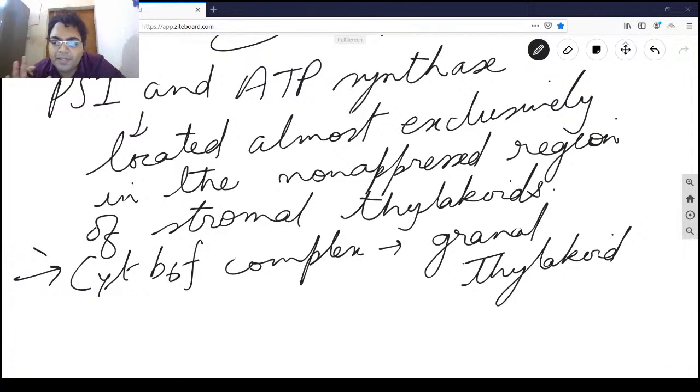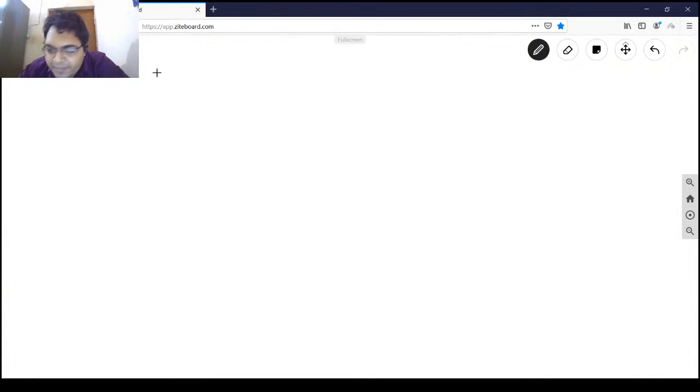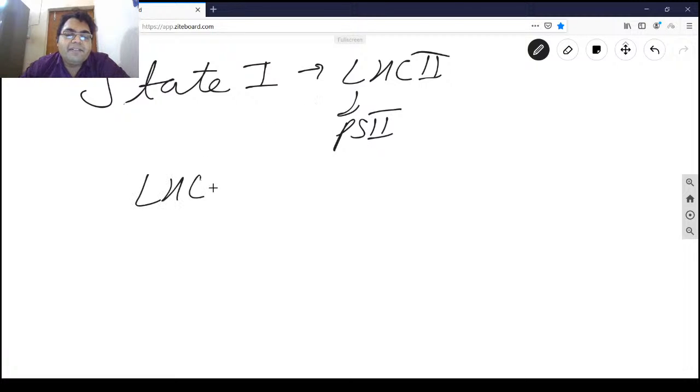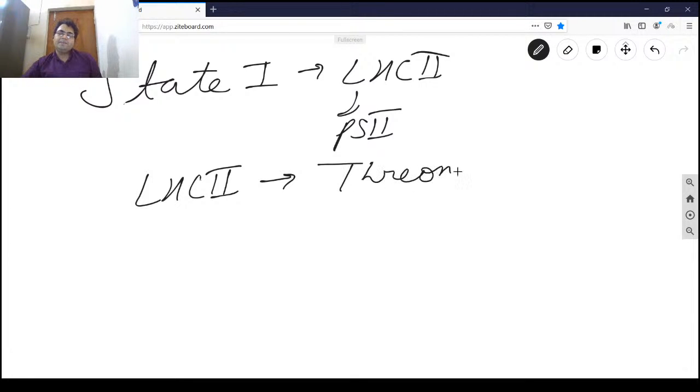So in state 1, this light harvesting complex is associated with PS2. Why? Because in the light harvesting complex, there is a specific residue known as threonine amino acid.